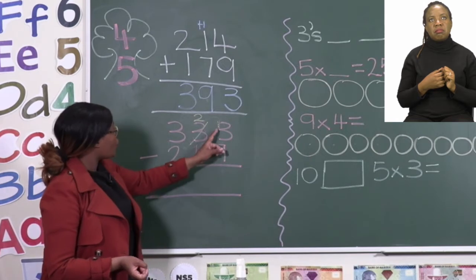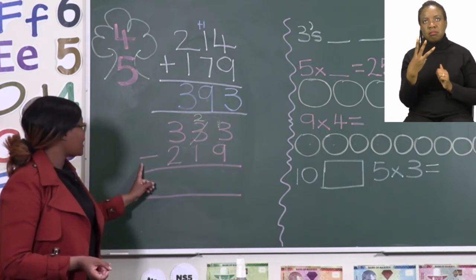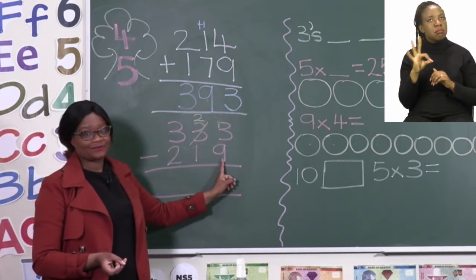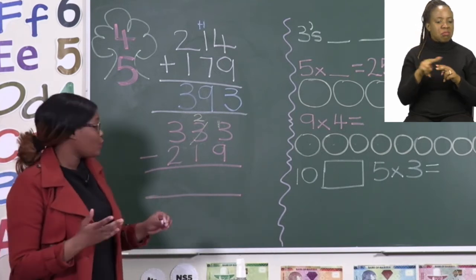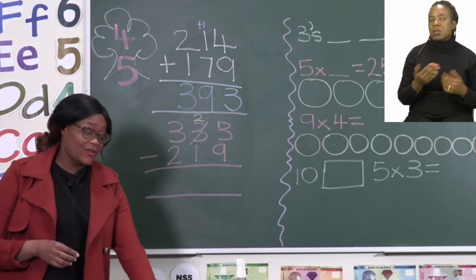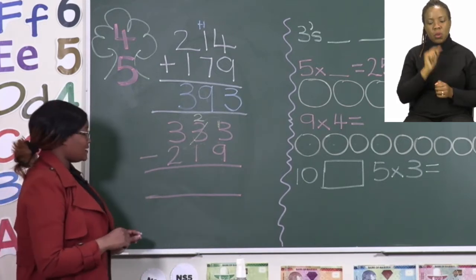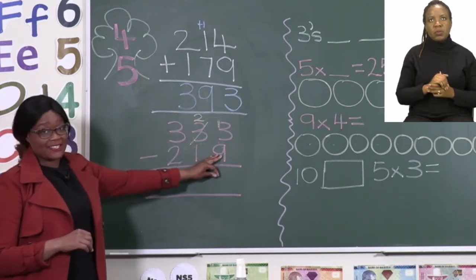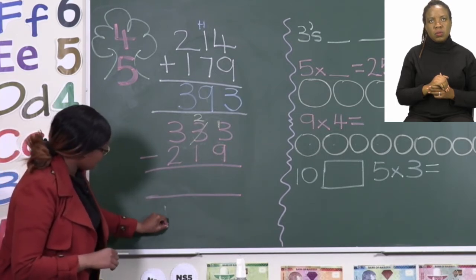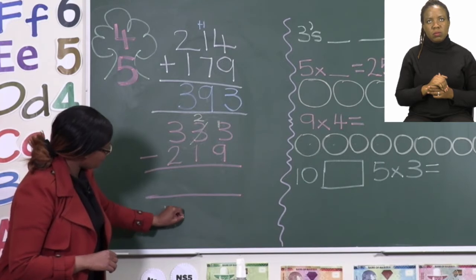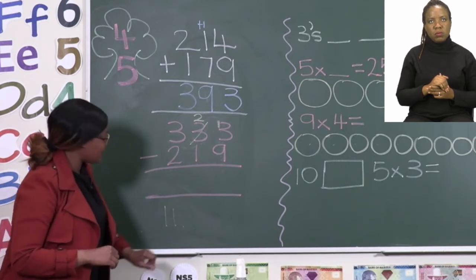We say 13 take away 9. Now again, you can use your counters, your fingers, or you can draw sticks. Today, we're going to be drawing sticks. So we're going to say 9 is already there and we need to get to 13. So we say 10, 11, 12, 13.